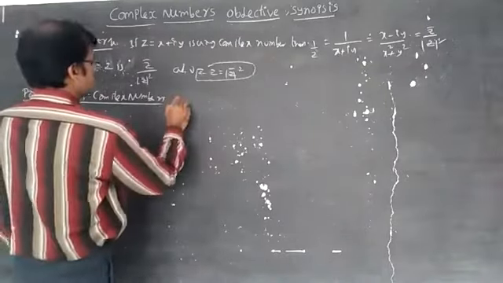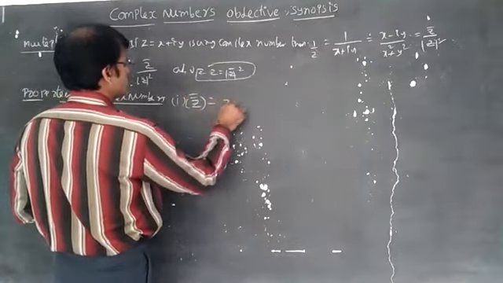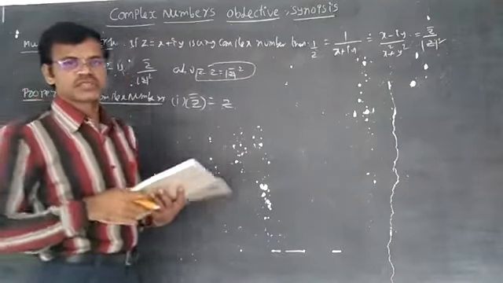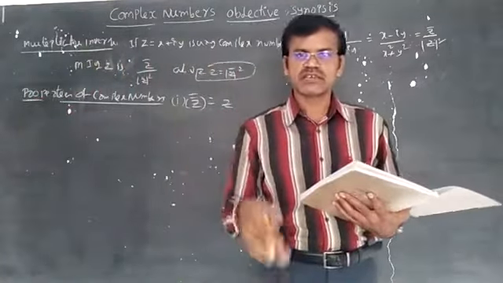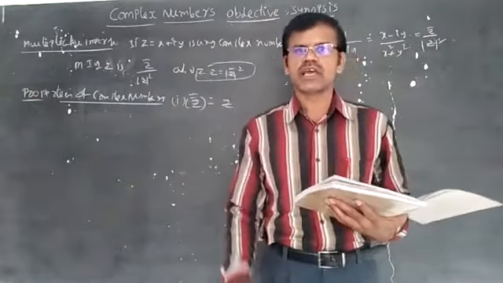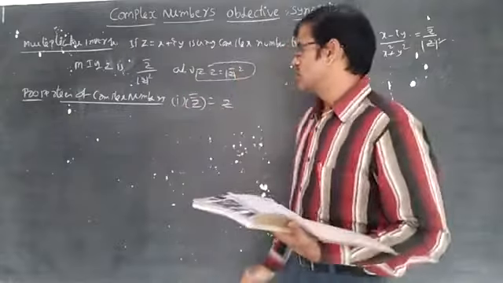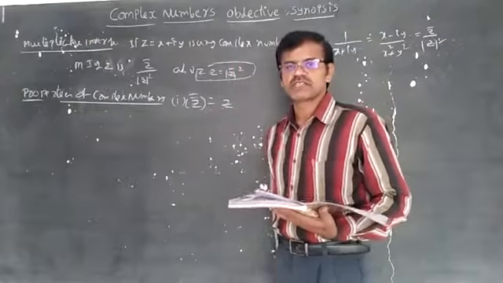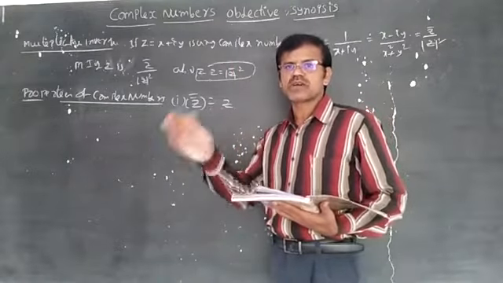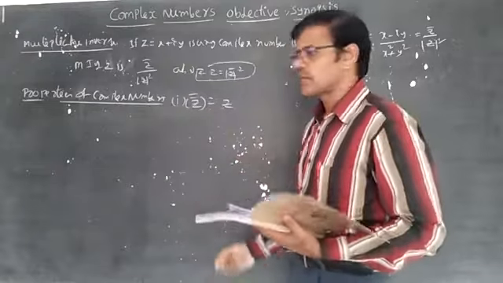First one, z bar whole bar is equal to z. You can understand this: let z is equal to x plus iy. Z bar is equal to x minus iy. Bar of z bar is again x plus iy. So the conjugate of z bar is equal to z. Negation of negation gives the original in statements and sets. Negation means opposite, and opposite of opposite means original. In the similar way, the conjugate of the conjugate becomes the original complex number.